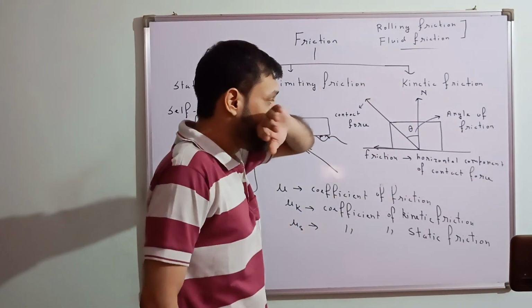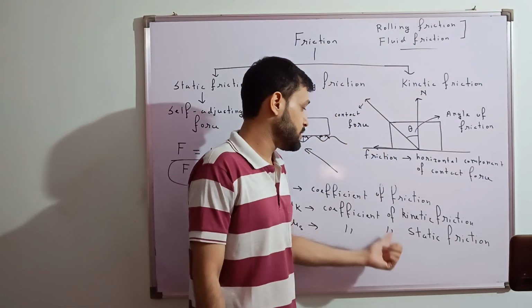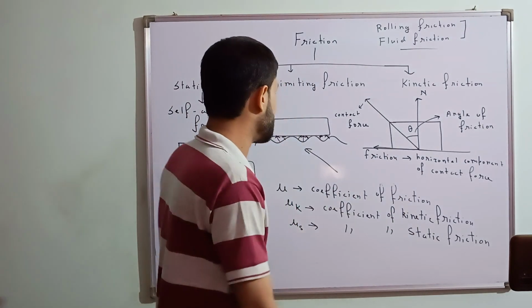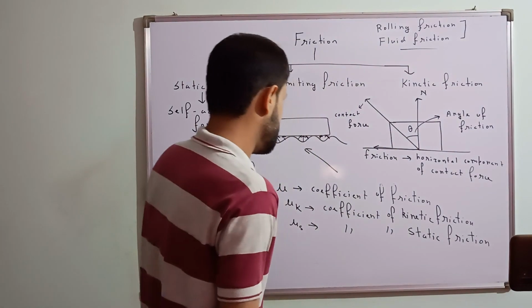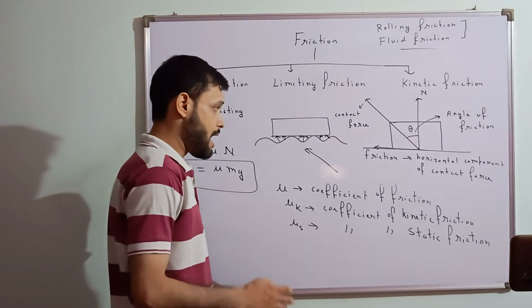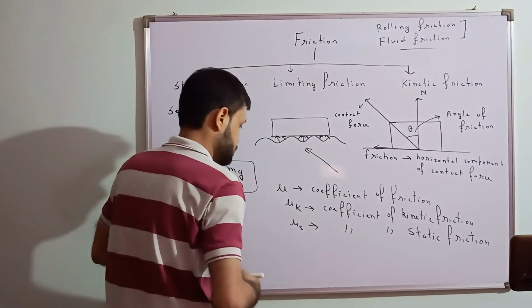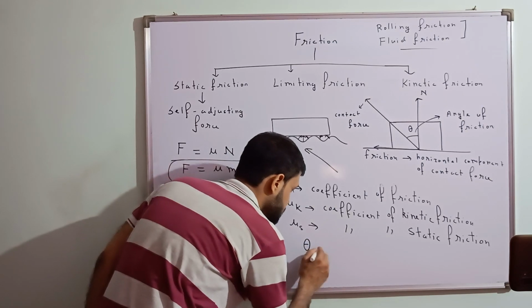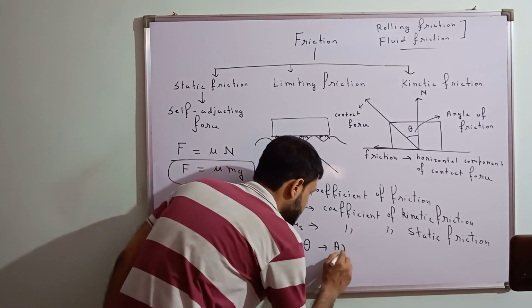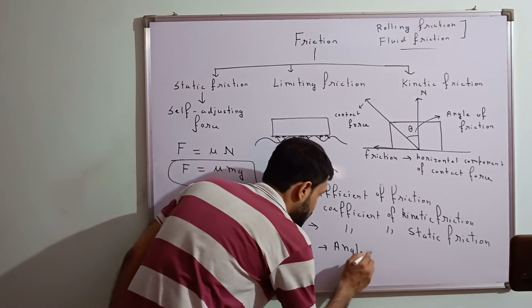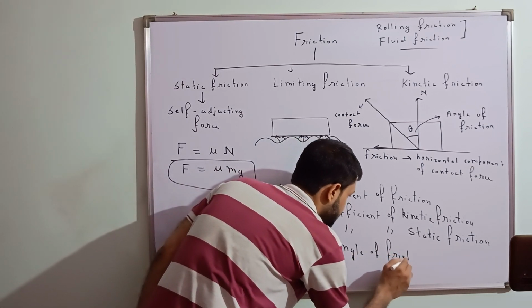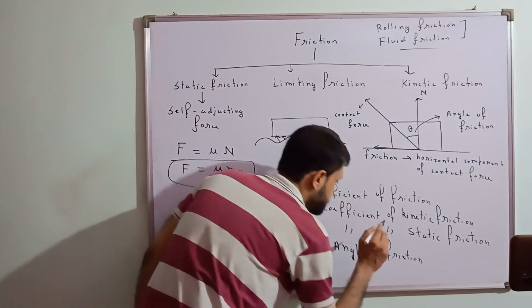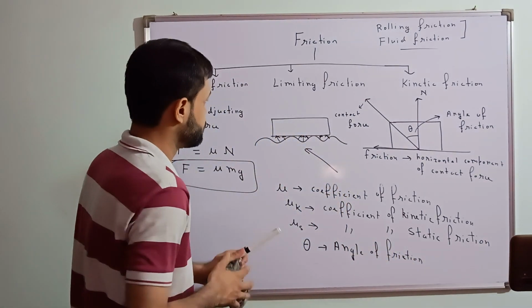Now there is a relation between coefficient of friction and angle of friction. You know that relation? What is the relation between coefficient of friction and angle of friction? This is the coefficient of friction, and this theta is the angle of friction. Let me write over here: theta is the angle of friction, and there is a relation between these two.